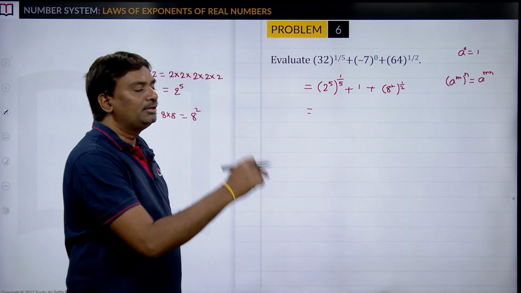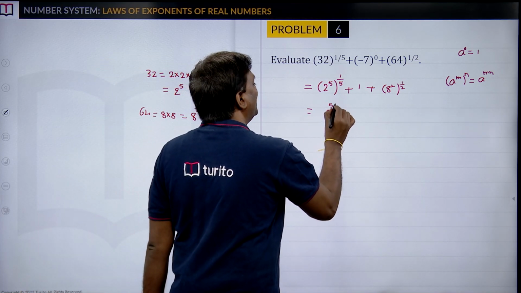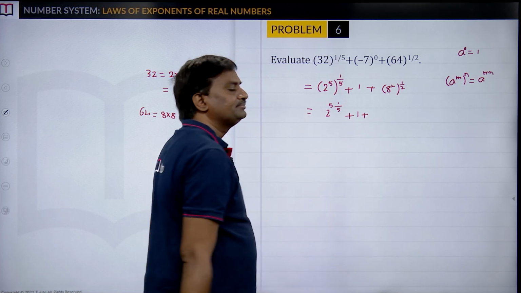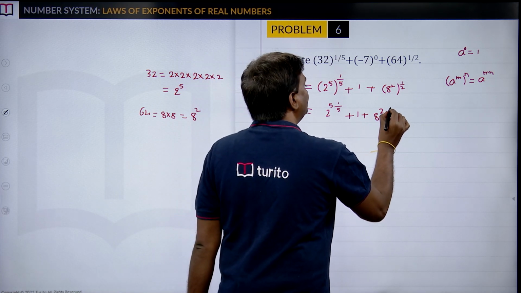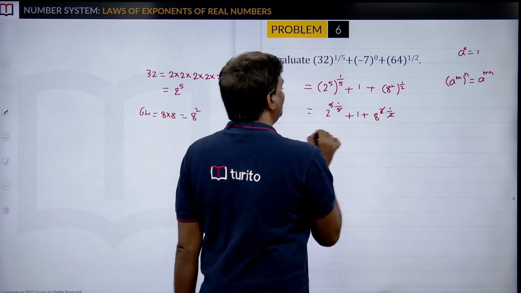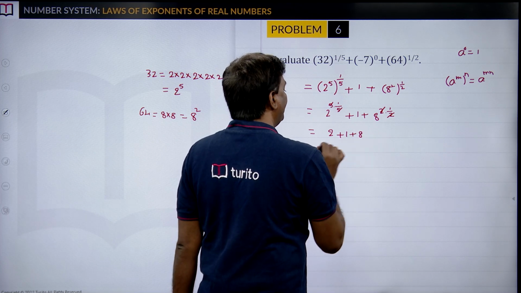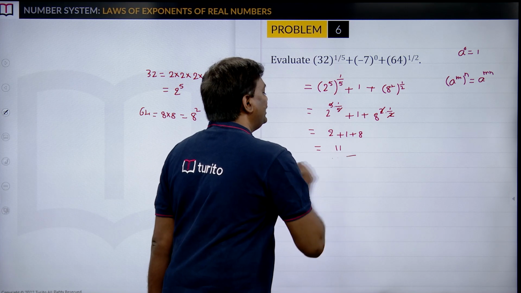So 2 power 5 power 1 by 5 can be written as 2 power 5 into 1 by 5, plus 1, plus 8 power 2 into 1 by 2, where we can cancel 5 and 5. Here we can cancel 2 and 2. So that equals 2 plus 1 plus 8, where 2 plus 1 is 3, 3 plus 8 equals 11.